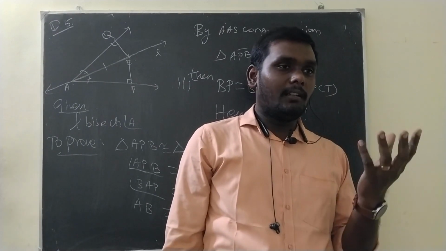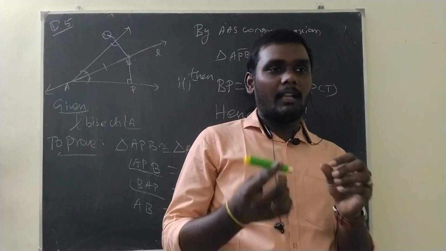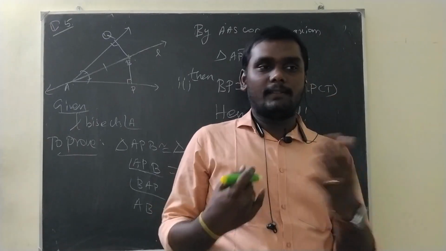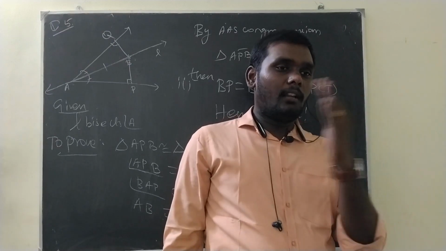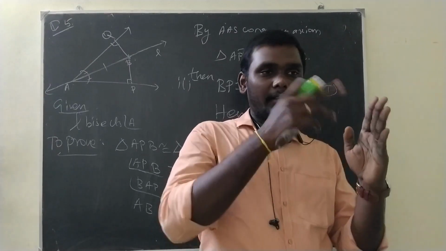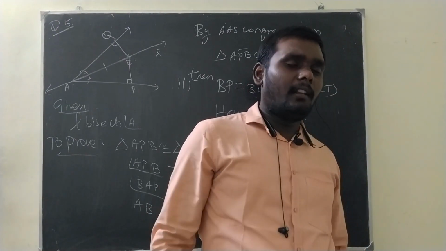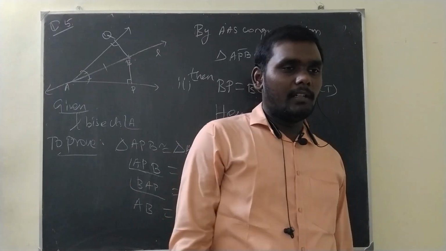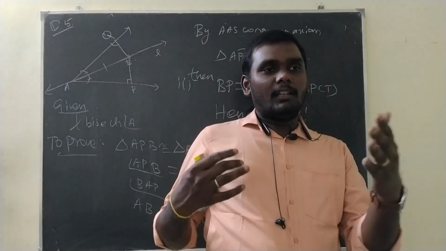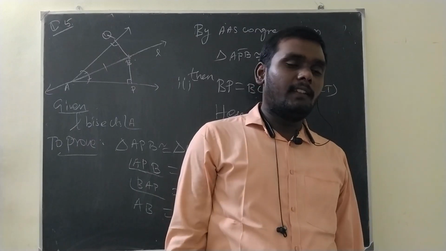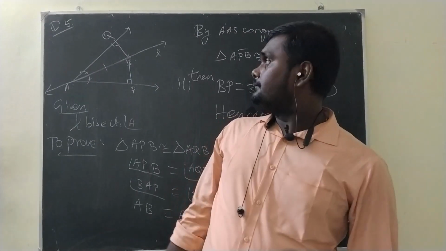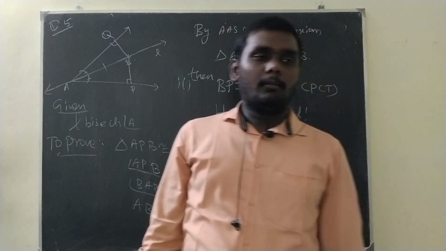If you can't see with your eyes, you can take your black pen or blue pen and differentiate with colors. Using a blue pen you can draw one color, using a black pen you can highlight another, or else if you have a highlighter you can use different colors. So among the different colors, you can easily understand which one is common. Okay. Shall we move to the next question?